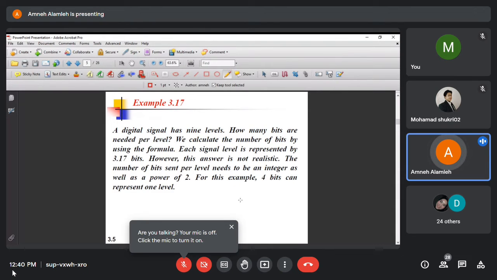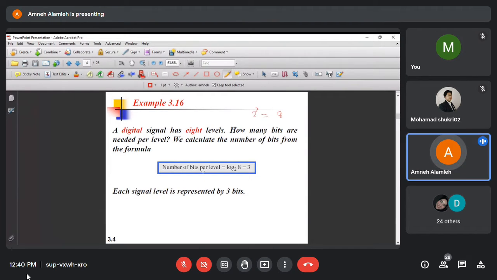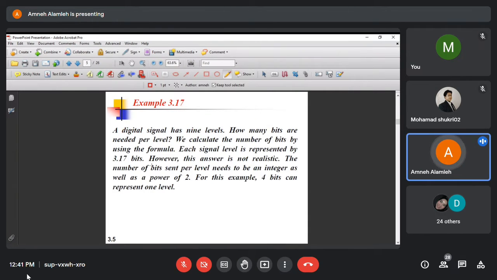Another example, a digital signal has 9 levels. How many bits are needed per level? When we calculate by the previous formula, number of bits per level, log 2 of 9 is equal to 3.17. But this answer is not realistic. Why? Because the number of bits sent per level needs to be an integer, it cannot be a fraction.